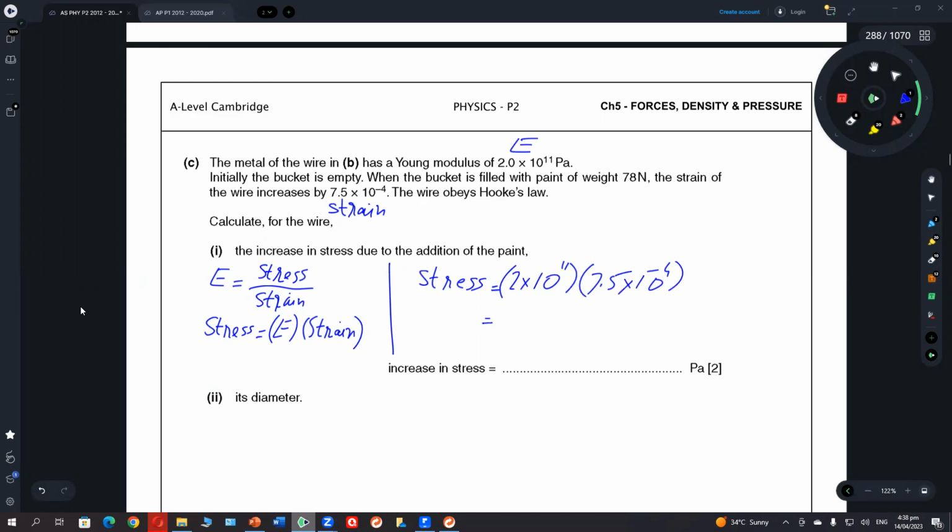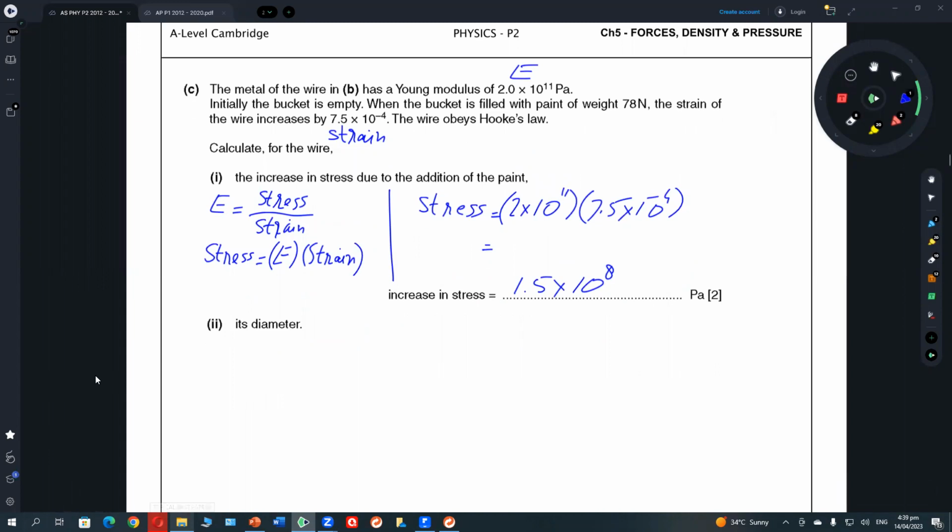See this working? I'm getting 1.5 into 10 power 8. He says its diameter.